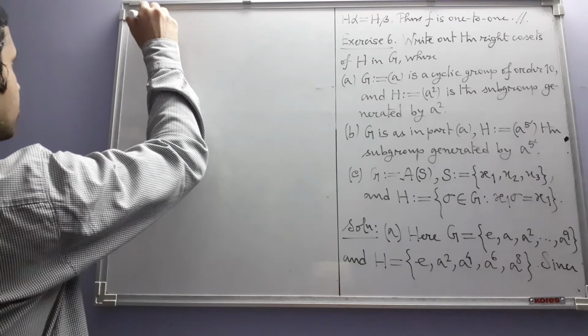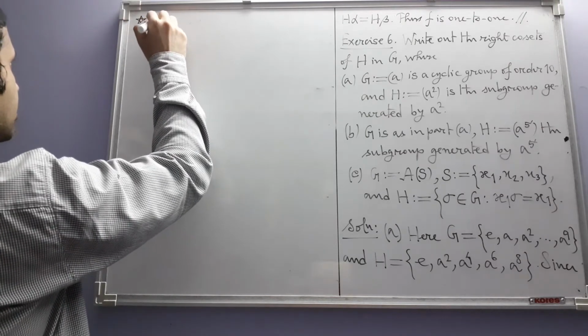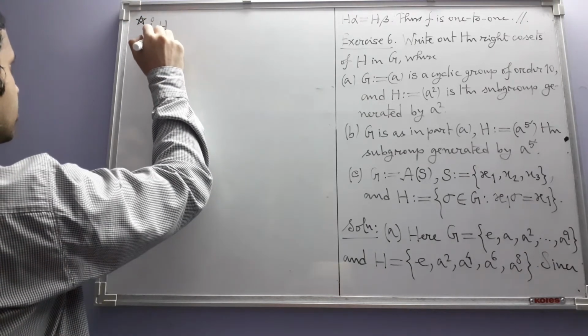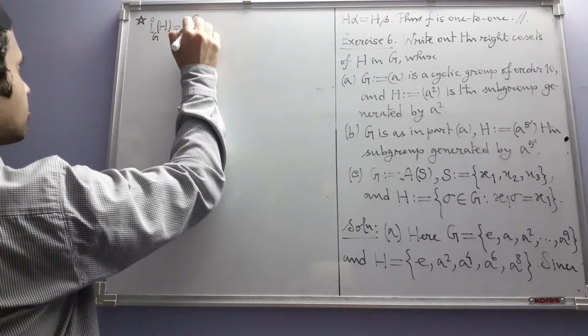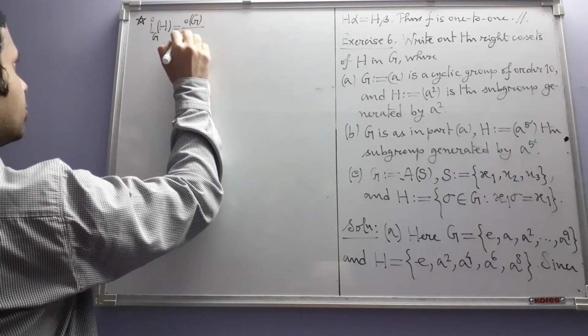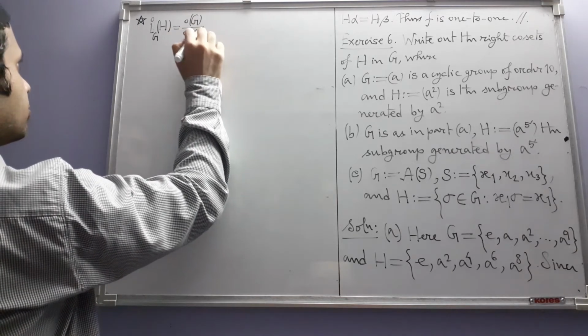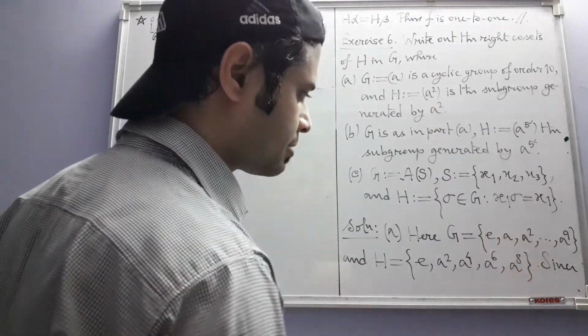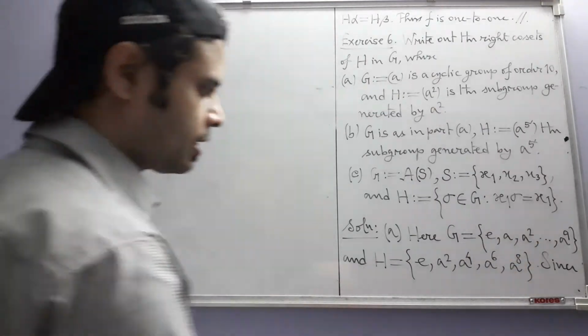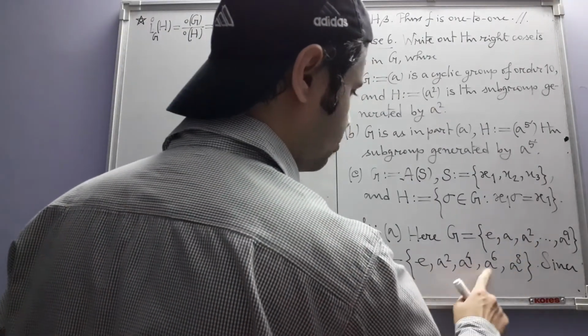Since the index of H in G is equal to the order of G divided by the order of H, which in this case is what? G has 10 elements and H has how many elements? 1, 2, 3, 4, 5.